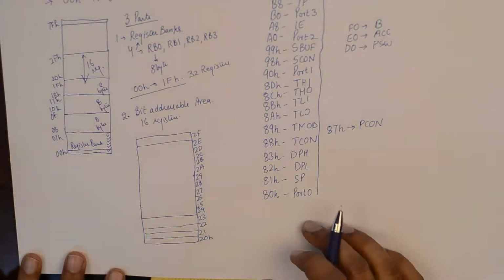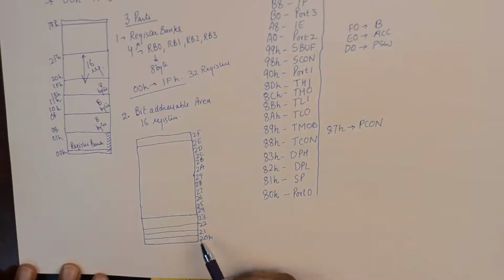Now, the specialty about these registers is that all the registers have bits which are individually labeled as a number.